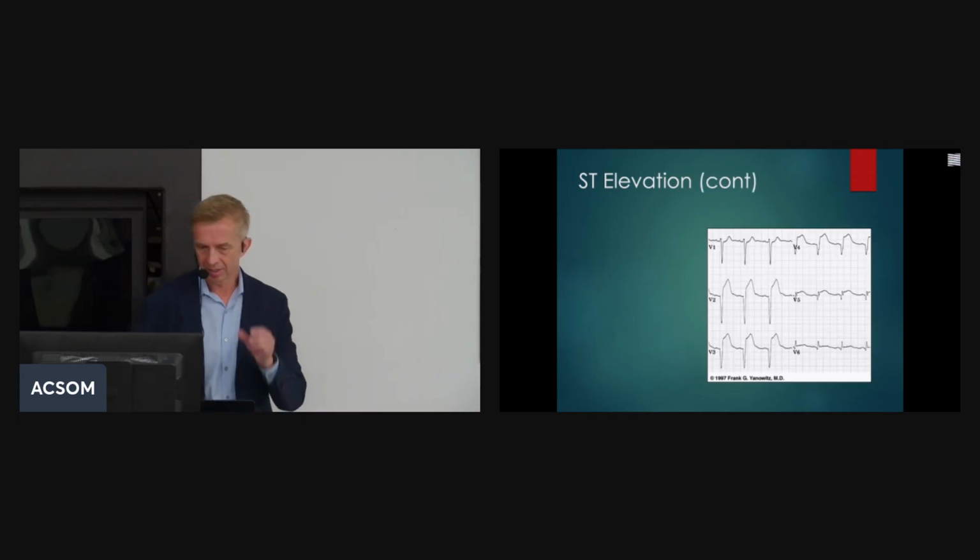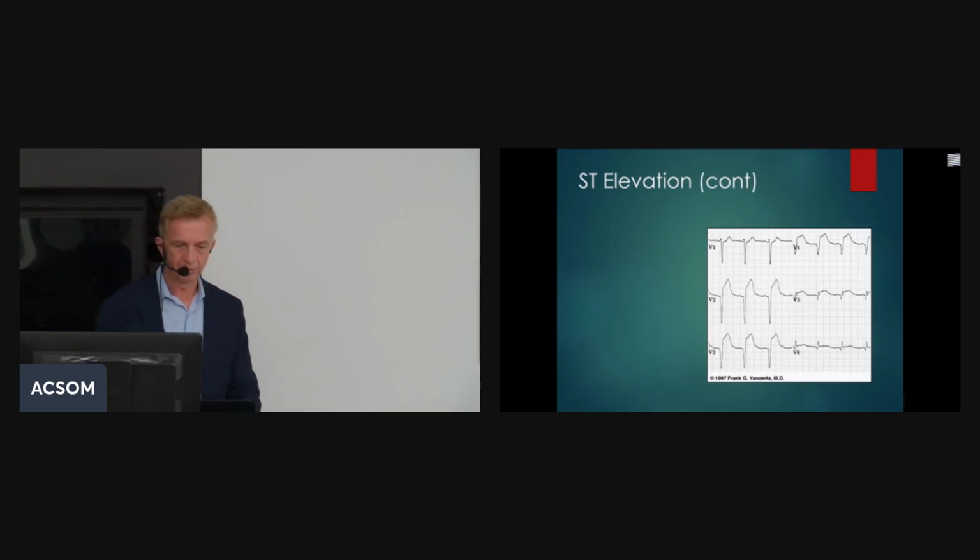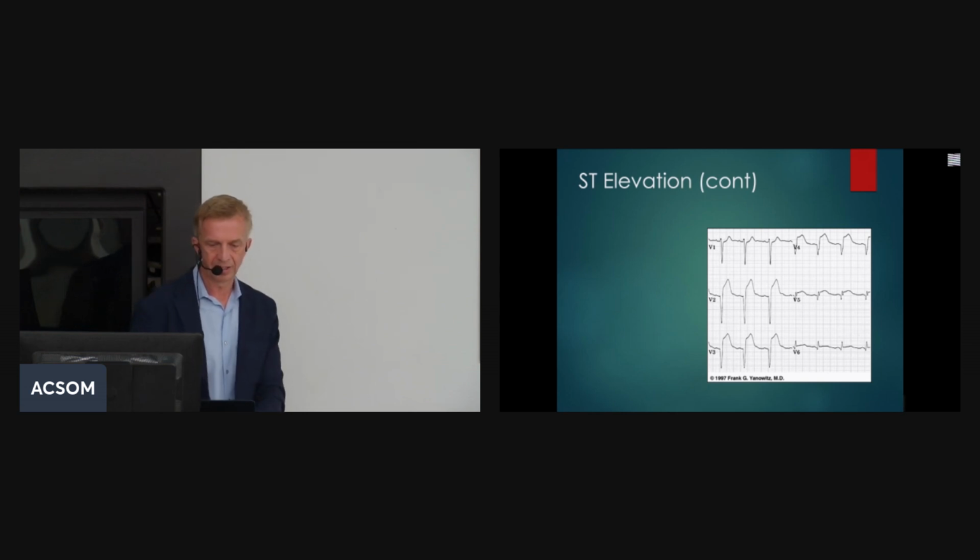Here is the EKG of a typical patient who comes with ST segment elevation myocardial infarction. You can see that there is an elevation. This is the isoelectric line where the normal PR segment and the ST segment should be, and you see that the ST segment is elevated about 5 millimeters in several leads, V2, V3, V4, and V5.